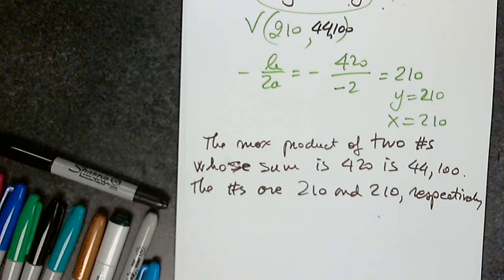Okay. Would you like more graphing? Would you like more word problems? Would you like completing the square? Would you like quadratic in form? What should we look at next?